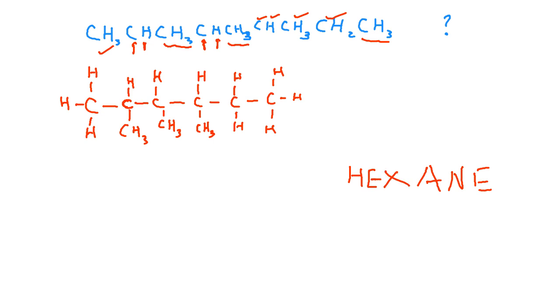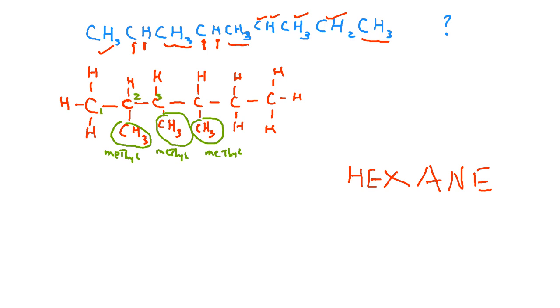Okay, and then we see, of course, that we have the methyls, right? So there's a methyl. Here's a methyl. And here's a methyl. Right? So if I count left to right, this would be carbon 1, carbon 2, carbon 3, carbon 4.